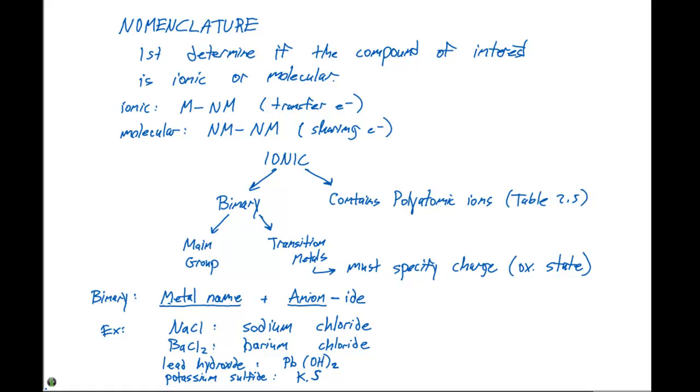So we need 2 potassiums for every 1 sulfur. We don't need parentheses around the K because it is just 1 letter. So it's K2S. This is how we would list all of the binary ionic compounds.